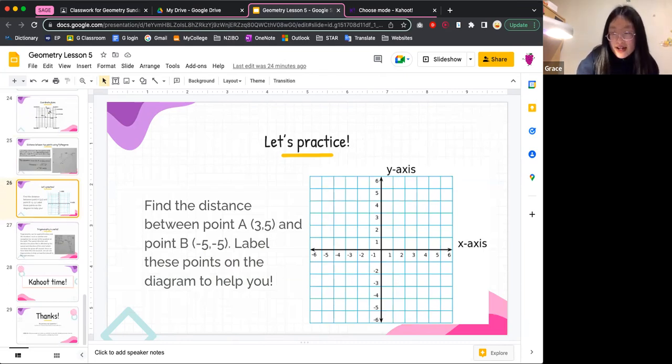Okay, this is a practice question for you guys to do. Just start off by labeling the points A and B on the coordinates. Yes, nice. Good job, Francis. So that's point B and point A. Cool. Okay, now do you want to draw a right angled triangle, which can help us figure out the distance between the two points?